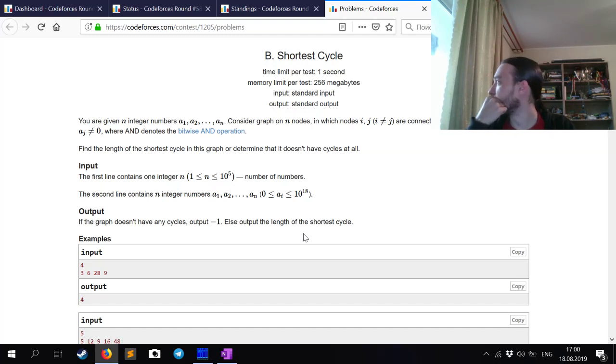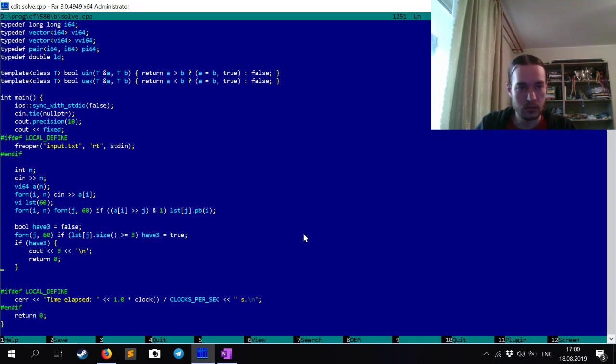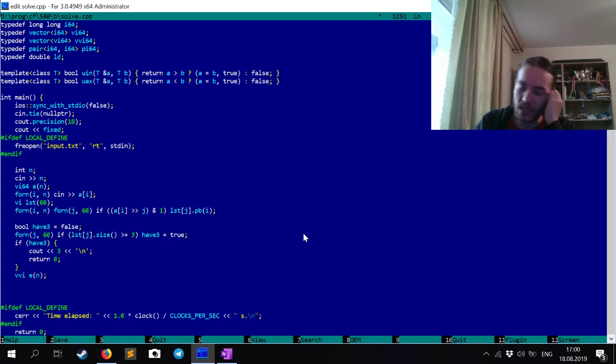Shortest cycle in a very small graph. Do we want to construct the graph explicitly?